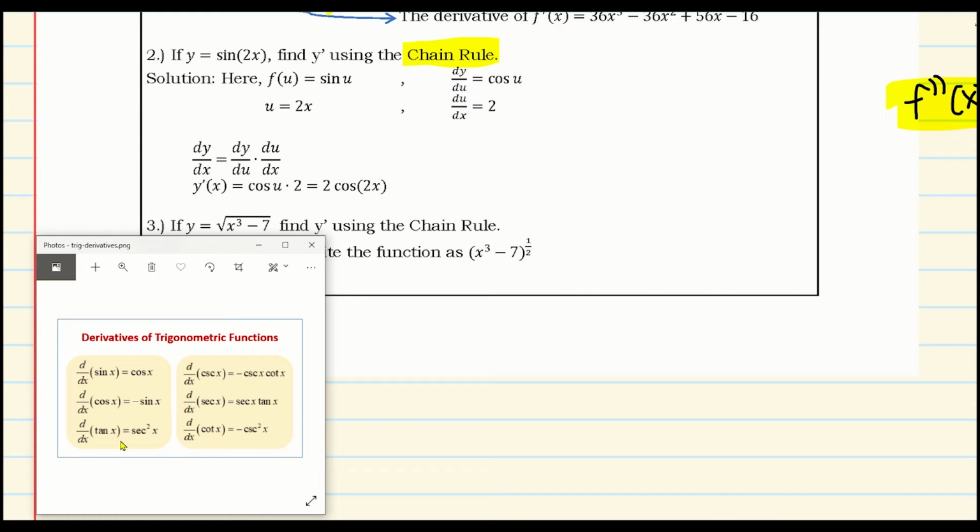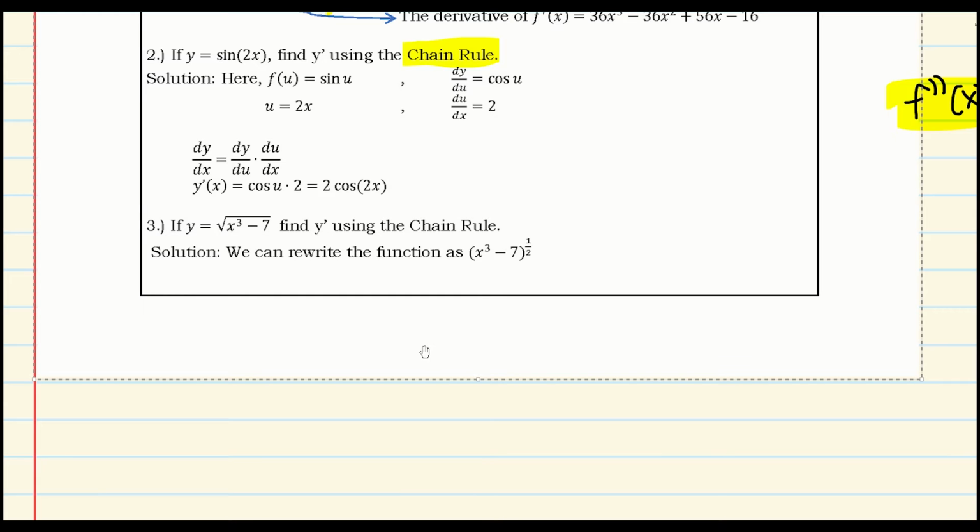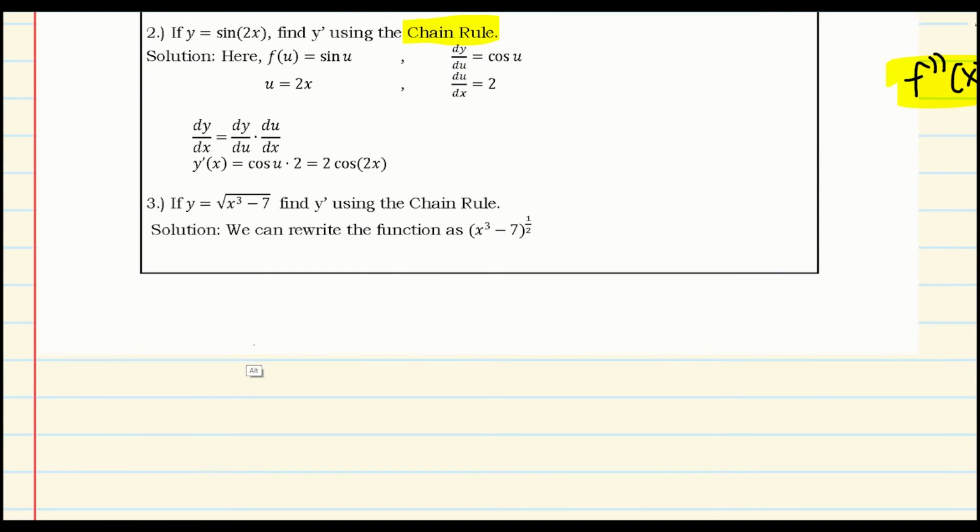So here we have a function y equals sine 2x. Sorry for the kid who is screaming in the background. We all know that if we derive that, we have here dy du, and then we have here sine u.